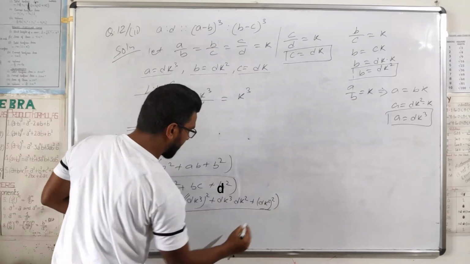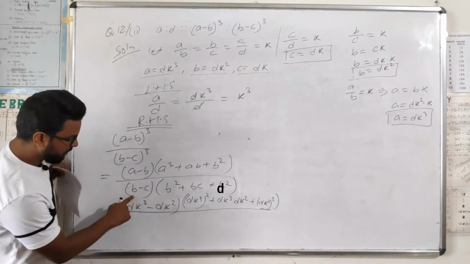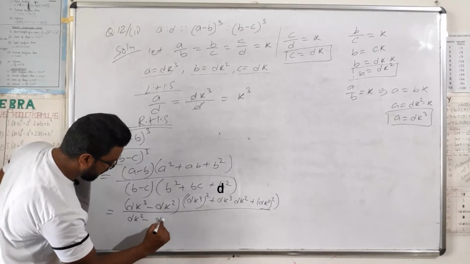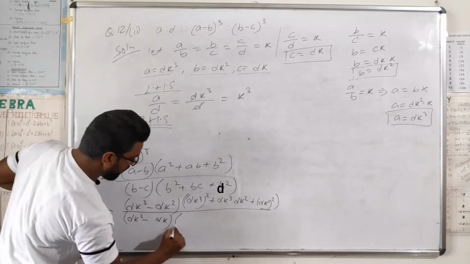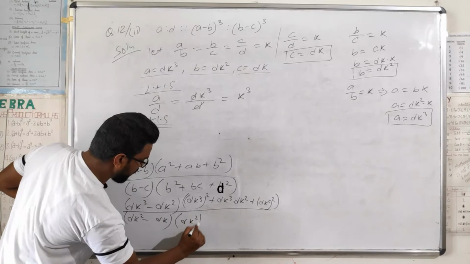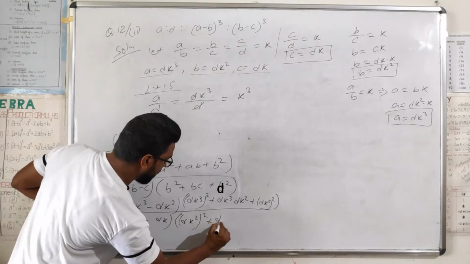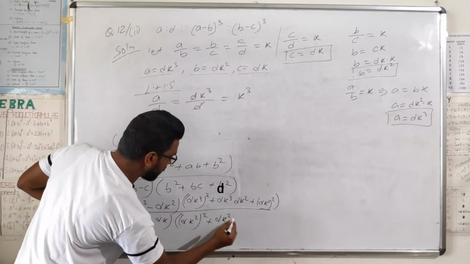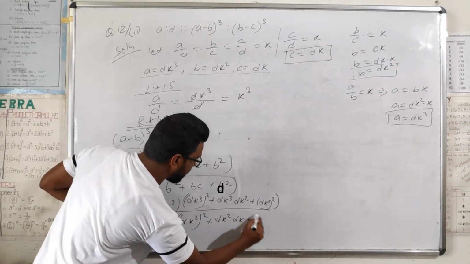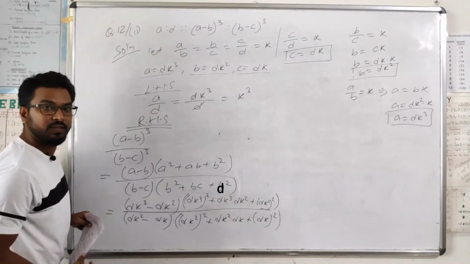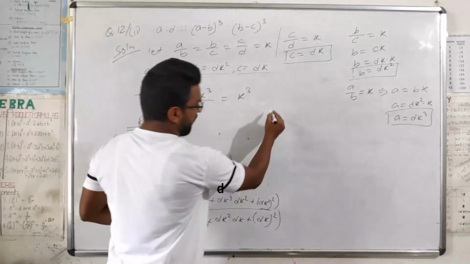Okay. Similarly in this case b is dk square minus c is dk. Here (dk square) whole square plus ab, b is dk square into c is dk, plus c is dk, so (dk) square. Fine. Now we'll find the value here.